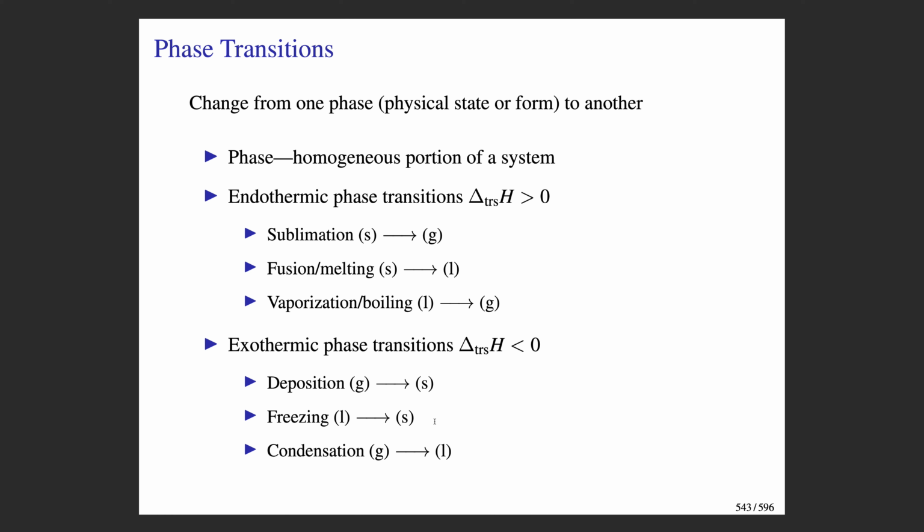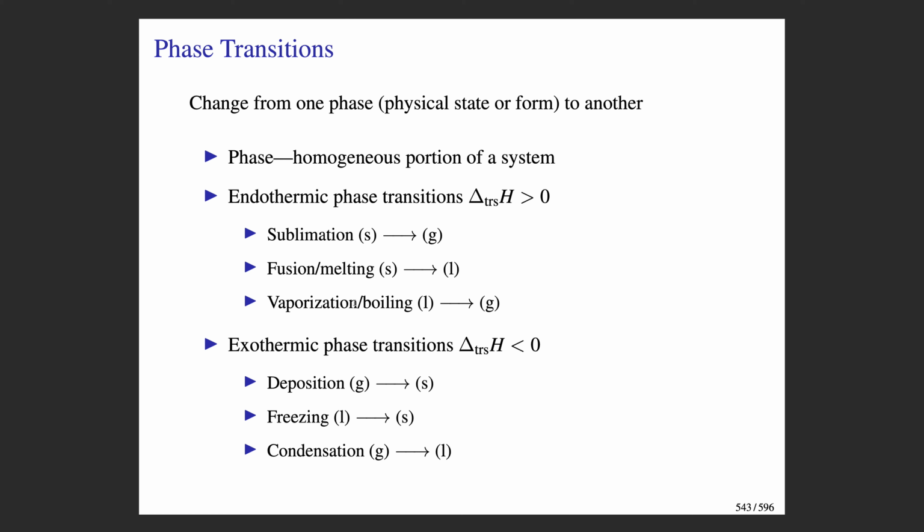So here's a list of phase transitions that we've discussed previously, and what I'll point out is that certain phase transitions, the ones where you go from a more condensed phase to a less condensed phase, are endothermic. For example, sublimation, fusion or melting, and vaporization all involve breaking intermolecular forces.